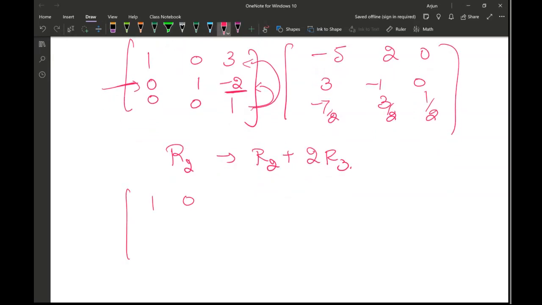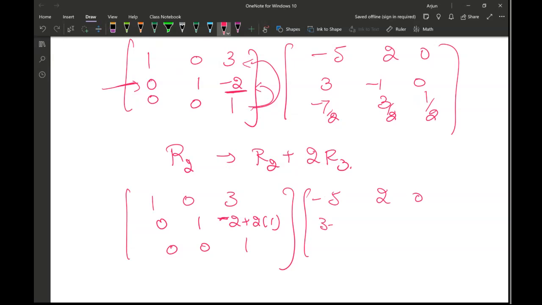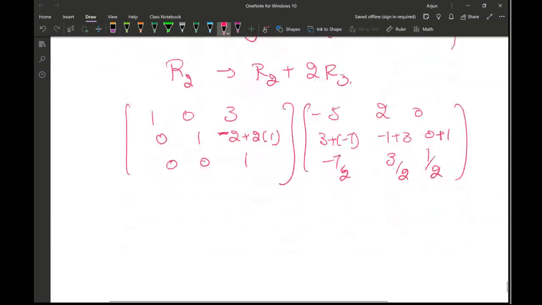So this will be 1 0 3, 0 1 minus 2 plus 2 times 1, 0 0 1, and this will be minus 5 2 0, 3 plus minus 7, minus 1 plus 3, 0 plus 1, and then minus 7 over 2, 3 over 2, 1 over 2.